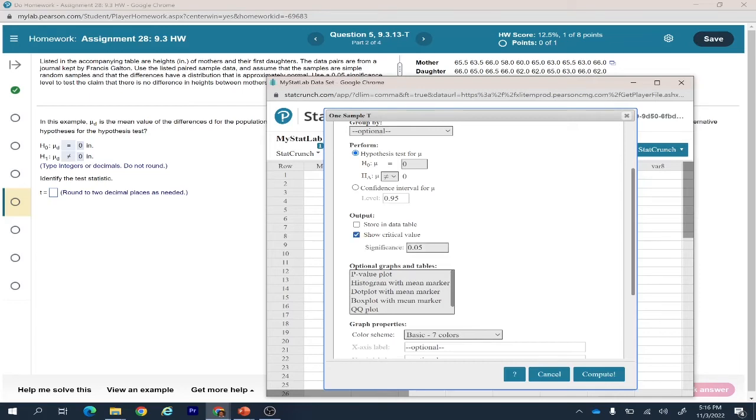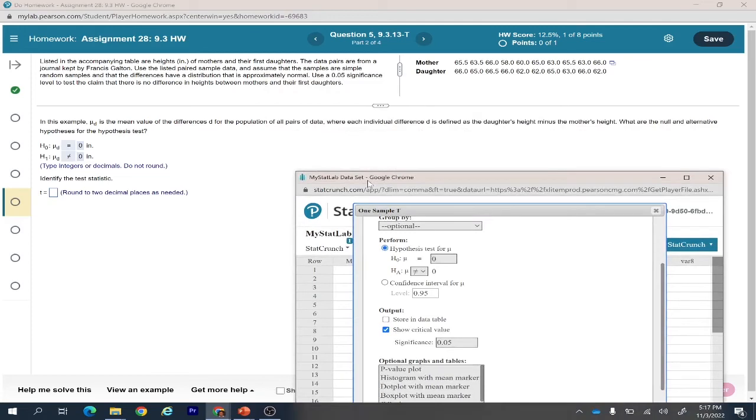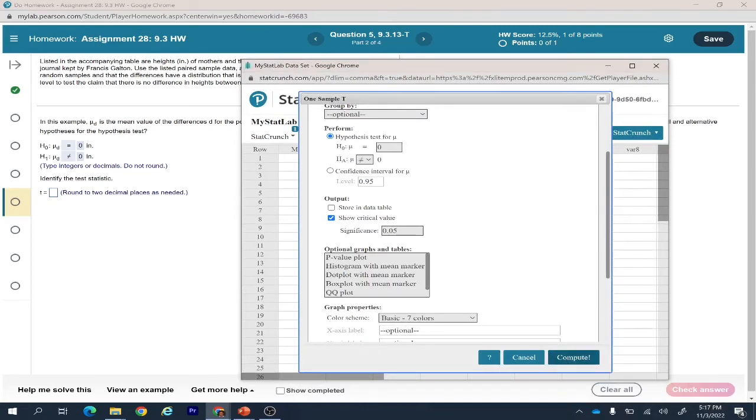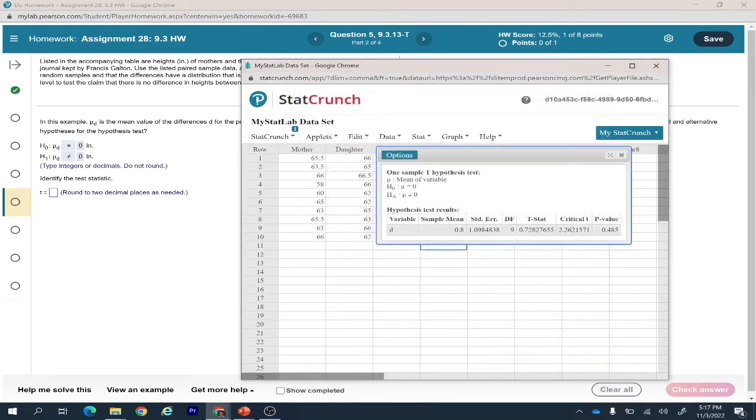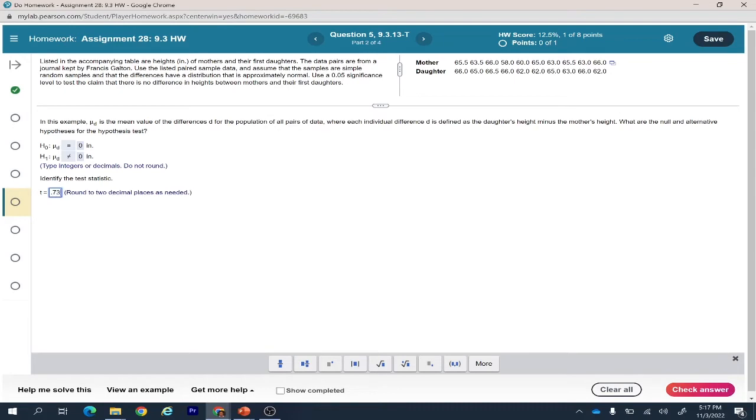And then our significance level, in this case, it's given, where is that? It's supposed to be here, 0.05. Yes, so 0.05, and just hit Compute, and it will provide you all the data you are looking for. Like the t-stat, it's 0.728, but you have to round it to 2 decimal places, so it would be 0.73. 0.73, that's your t-stat.